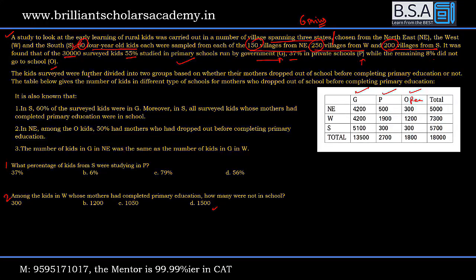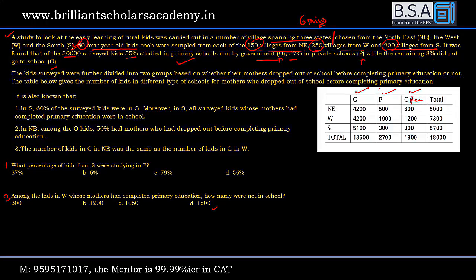The kids surveyed were further divided into 2 groups based upon whether their mothers dropped out of school before completing primary education or not. The table below gives the number of kids in different types of schools for mothers who dropped out of school before completing primary.